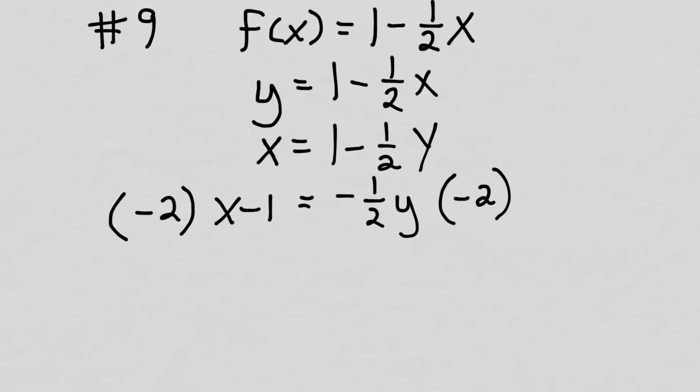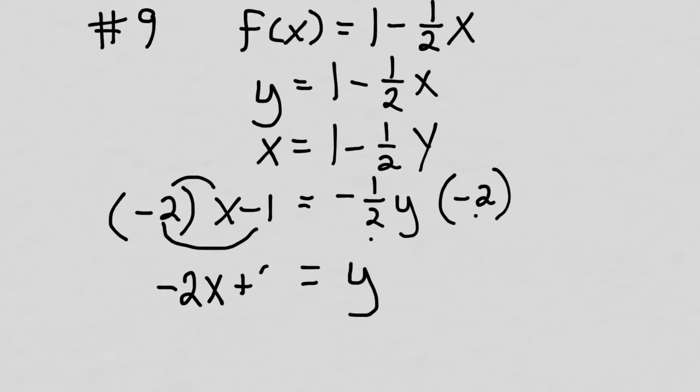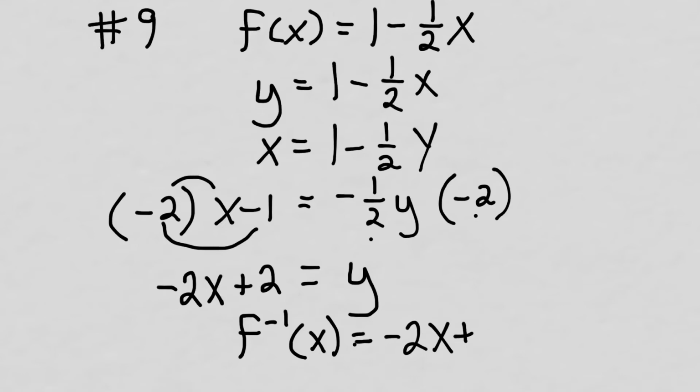On the other side, we end up with negative 2x. Distributed the negative 2. Then negative 2 times negative 1 is going to be plus 2. All right, we've solved it. Now let's write it in the proper form. We get f minus 1, which is the inverse, of x equals negative 2x plus 2.